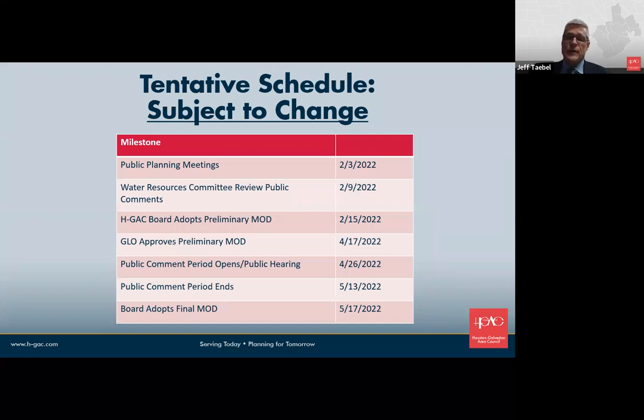The reason for these dates being different is the 26th would be the earliest date we could open that, because we've got some legal notice posting requirements. We would have a public comment period and then possibly adopt a final MOD in May. That would be the fastest we could possibly do that. So I will mention that that schedule is subject to change.